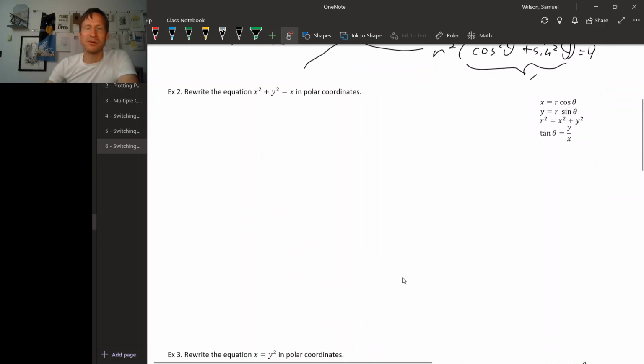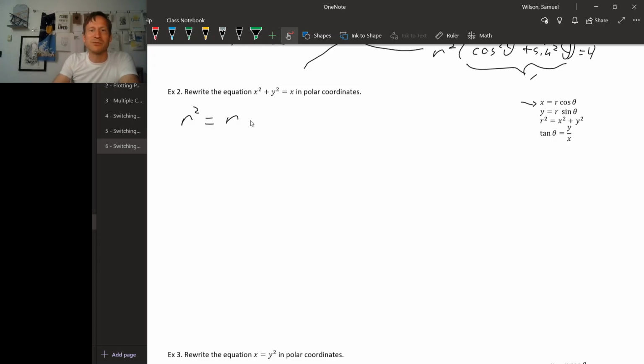Let's try another example. Let's rewrite the equation x squared plus y squared equals x in polar coordinates. One way to go about this is just like before, replace x squared plus y squared with r squared. And then x, well, this time there's no shortcut with r squared, but remember x is just r cosine theta.